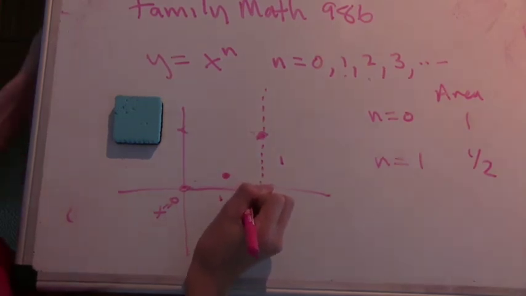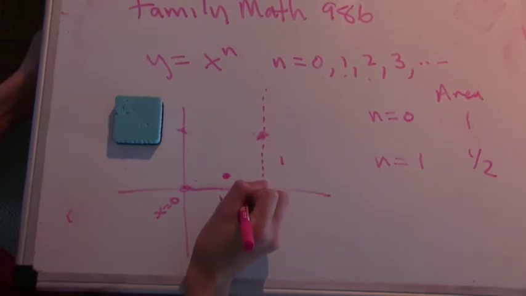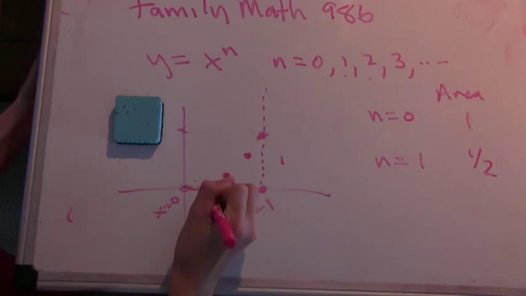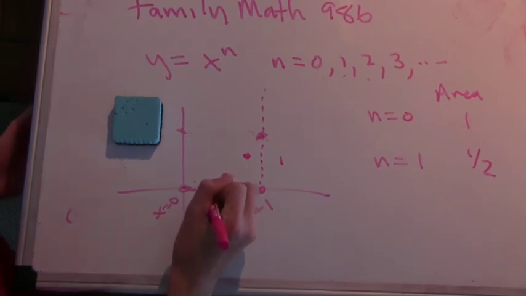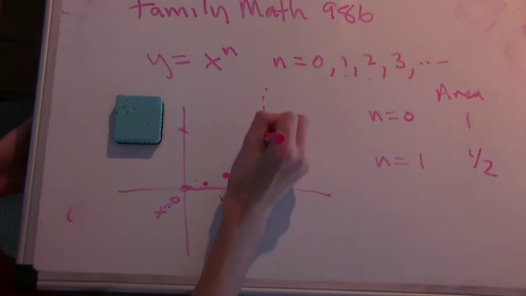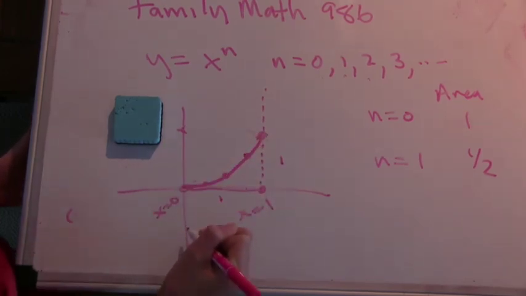Just approximate it. When x is 3/4, you get 9/16, which is a little bit above a half. When it's 1/4, you get 1/16, which is all the way down here. So you get sort of this shape.